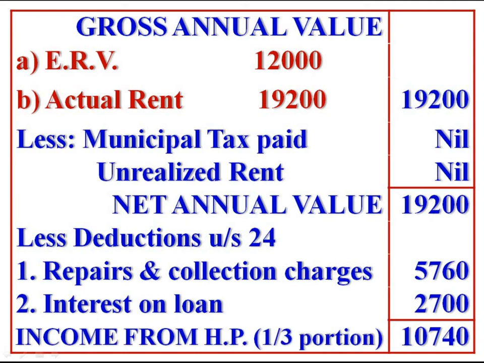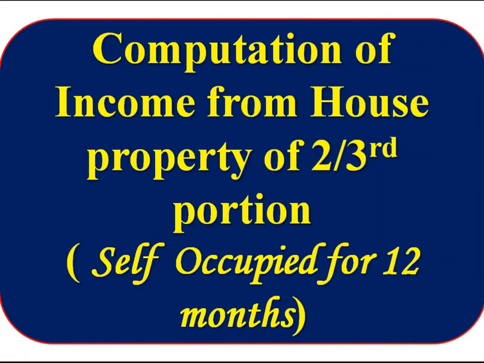10,740. Then we are computing income from house property of the 2/3 portion, which is self-occupied. If a house property is self-occupied, its net annual value is taken as nil. From net annual value, there is only one deduction, in respect of interest on loan up to rupees 30,000 or rupees 2 lakh as the case may be.